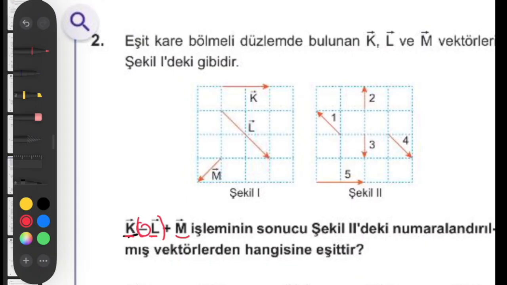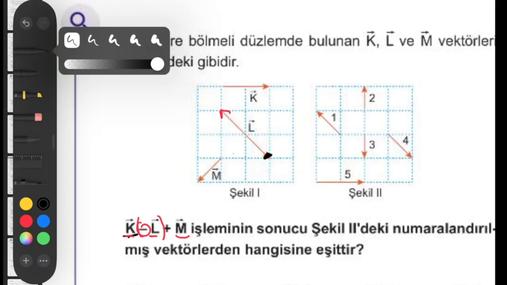If you multiply this vector with a negative number, you're going to change the direction. Now we have the direction something like this. So the new direction is here.